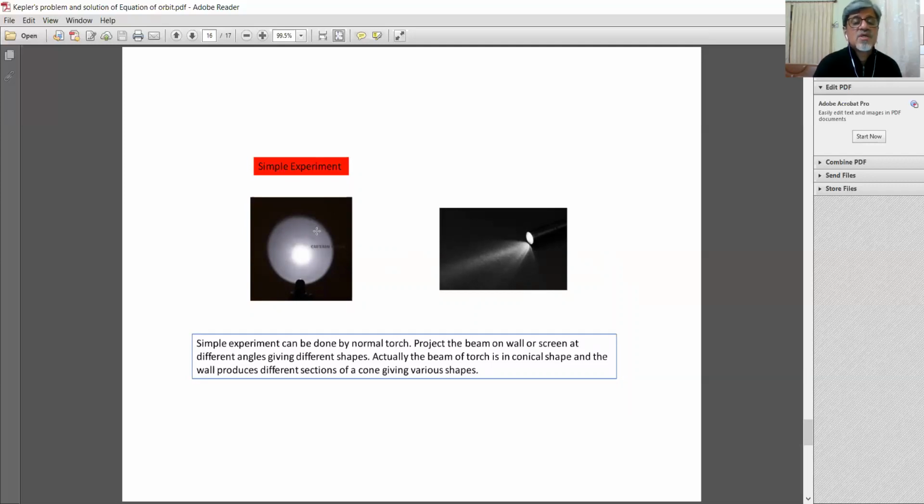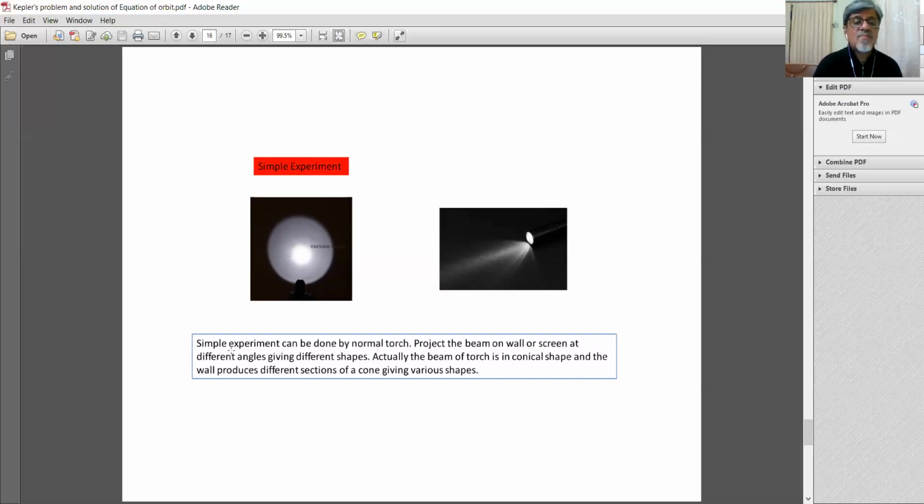That is showing a circular orbit, because we have assumed that our torch is spreading light in a conical manner. And if you keep the torch slightly inclined, then you will find the hyperbolic orbit, the parabolic orbit, and again by changing the angle, you will get circular as well as elliptical orbit.